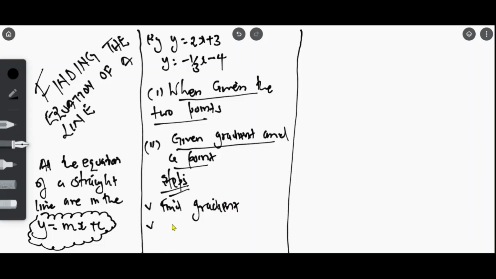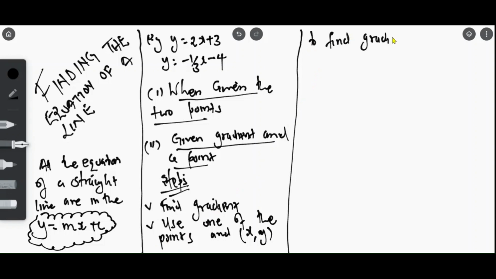Number 2 is use one of the points and xy to find the gradient.